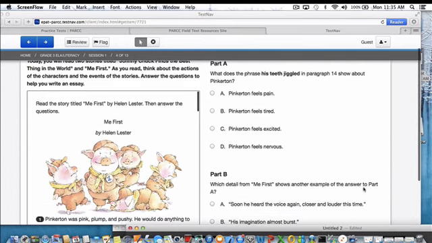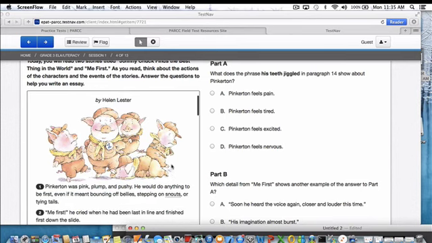If you have not had a chance to read Me First by Helen Lessiter, I can quickly summarize it. It is a story about a pig named Pinkerton who's pink, plump, and pushy. He basically wants to be first all the time, shouts "Me first!", and he continues to have this behavior.